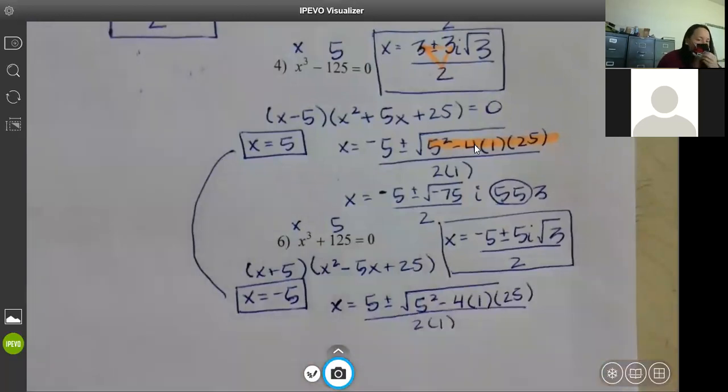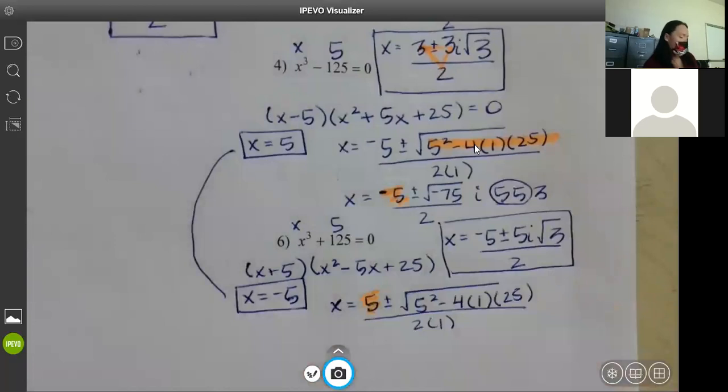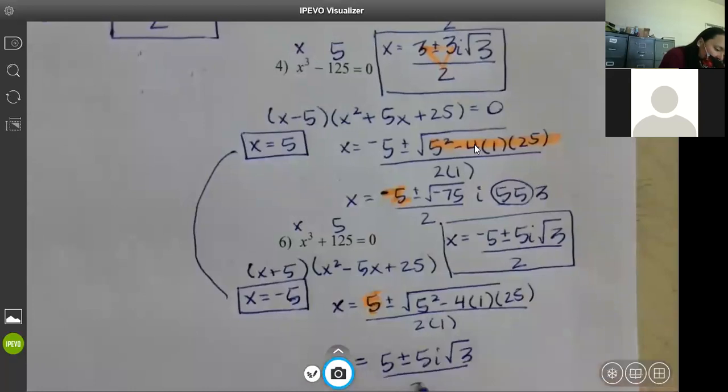The only thing that changes, if you look between this number and this number, is the sign. So when we finish out our answer, it should look exactly the same, except this one is going to be positive 5 plus or minus 5i square root of 3 over 2.